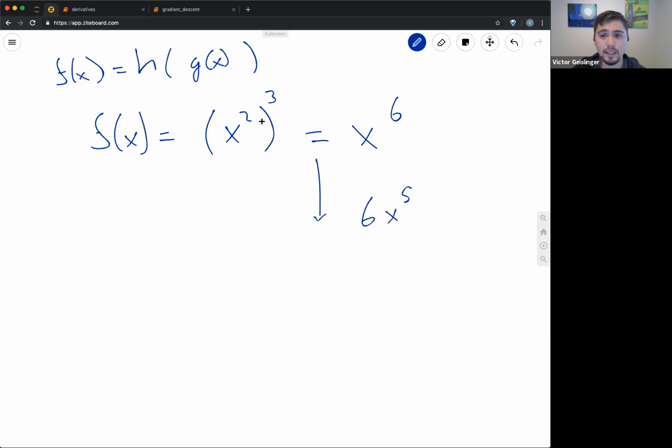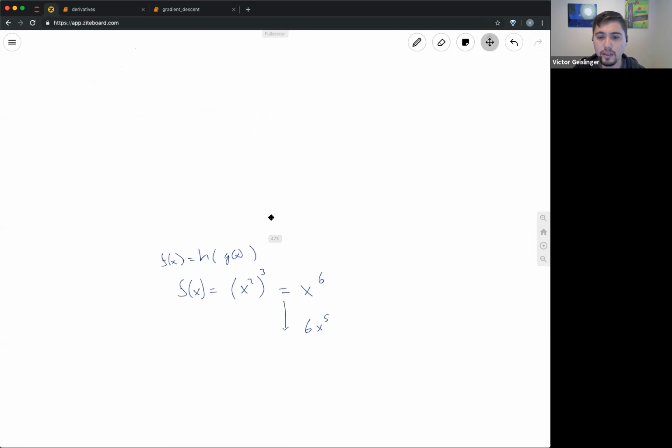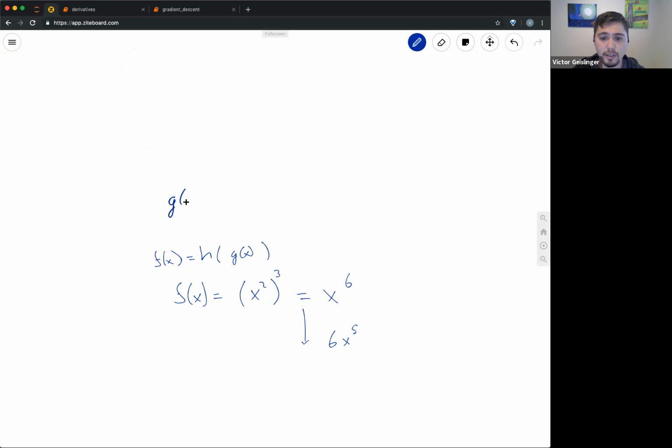So g of x gives x squared, and whatever I put into h, it outputs to the power of 3. If I apply g of x first, I get x squared, and then apply h of x, I get to the power of 3, and I get this.